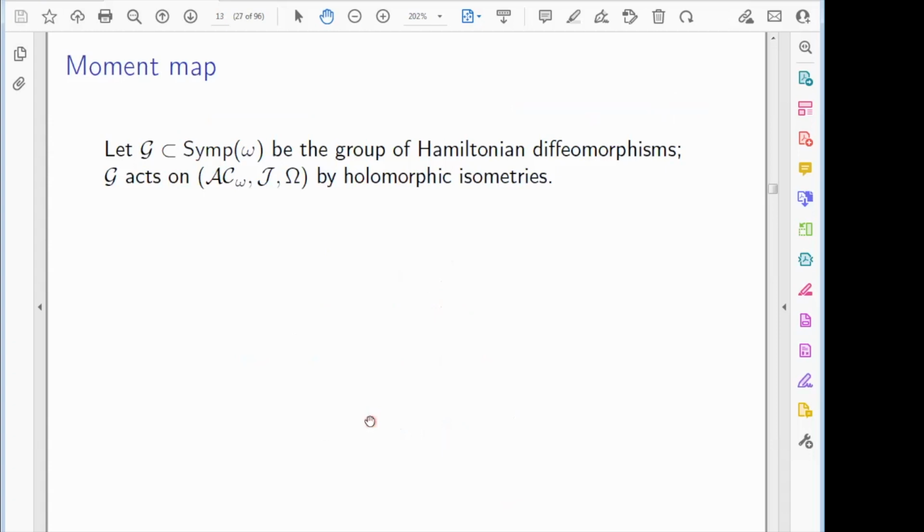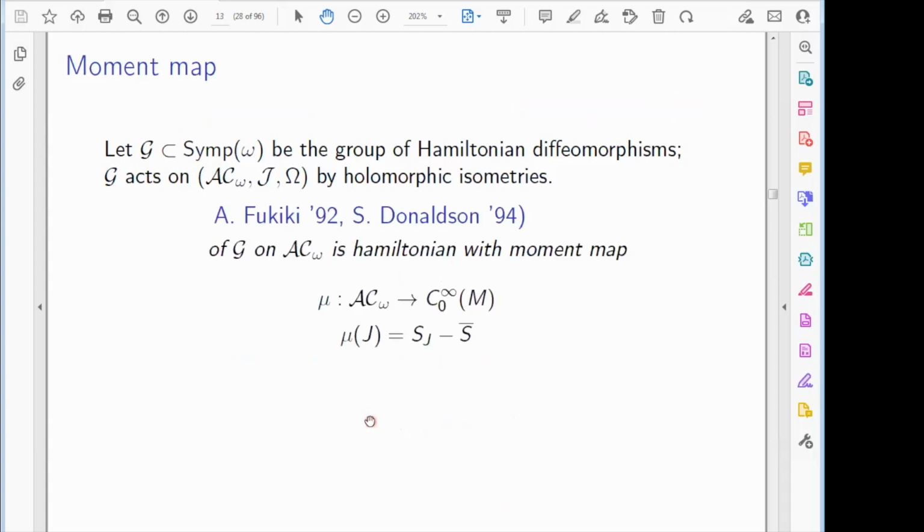And so the reason why we're doing this whole space is that, for one thing, this will kind of include all of this space of metrics in the fixed Kähler class.